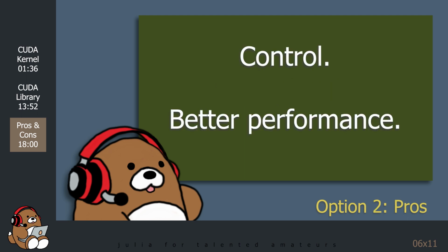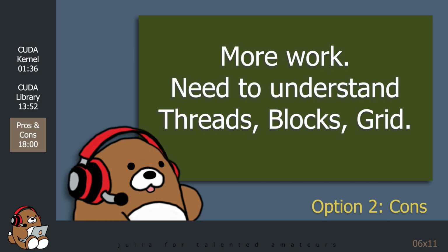When it comes to writing our own low-level custom CUDA kernels, some of the pros are that it gives us complete control over how our tasks are executed on our GPU, and it may give us better performance. Some of the cons of writing our own CUDA kernels is that it does require more work, and it does require an understanding of how CUDA organizes the tasks to run on the GPU.